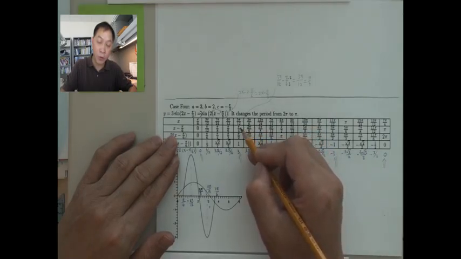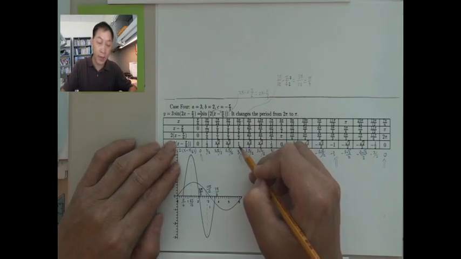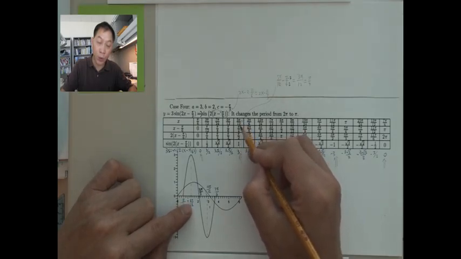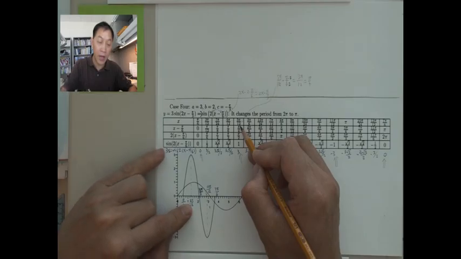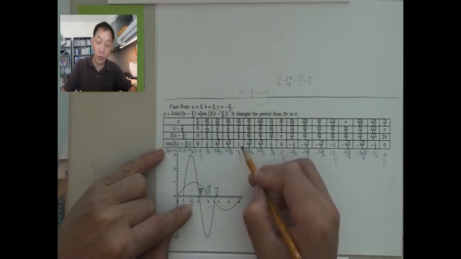And then times 2, pi over 2. Sine pi over 2 we know is 1. Okay. So when x equals 5 pi over 12, sine of 2 times the quantity x minus pi over 6 is 1.